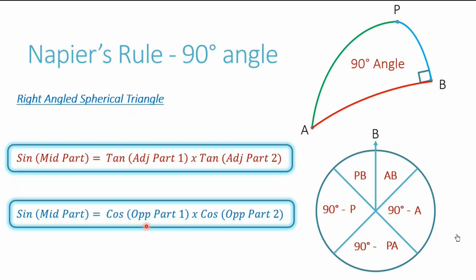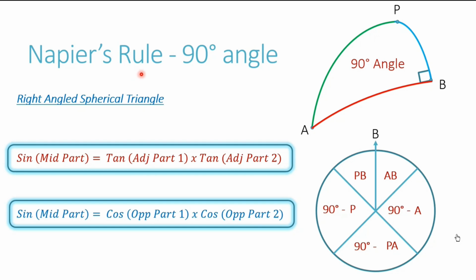Now, the basic philosophy in the Napier's rule application is that if you have a special spherical triangle, meaning one of the parts is 90 degrees, either an angle or a side, Napier's rule allows us to calculate any part of that particular triangle if we know any two parts of the spherical triangle other than the 90-degree part.